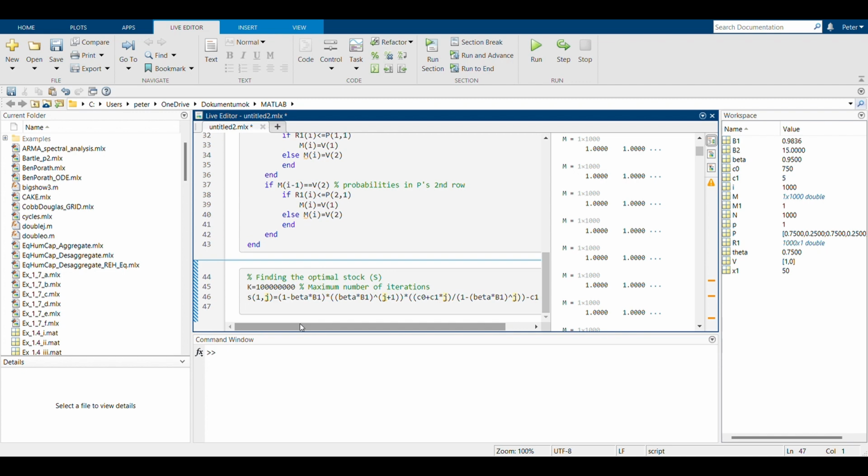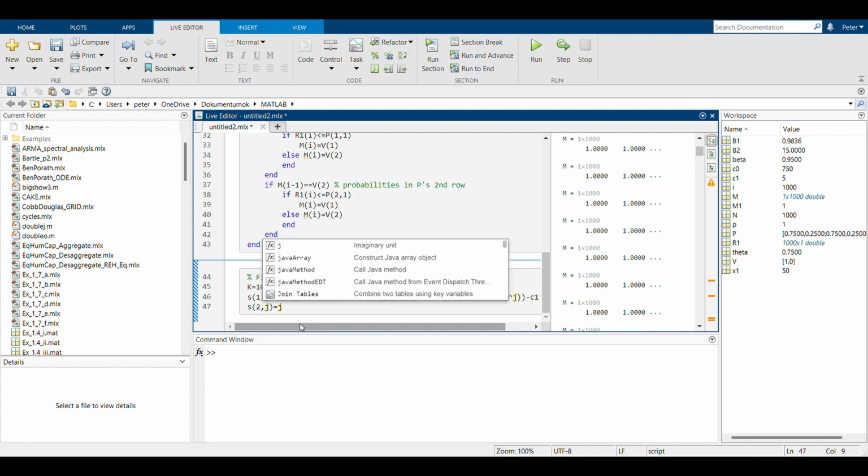So for this equation, before saying anything, we need another row in this matrix in which we collect the indices in the iteration.